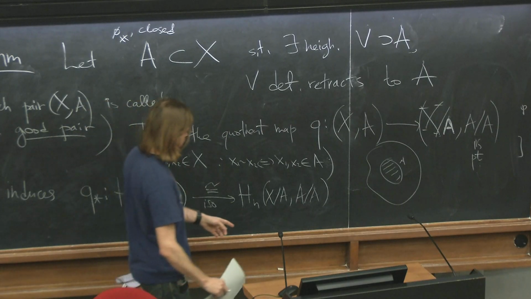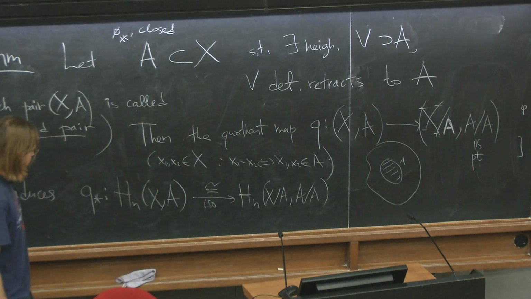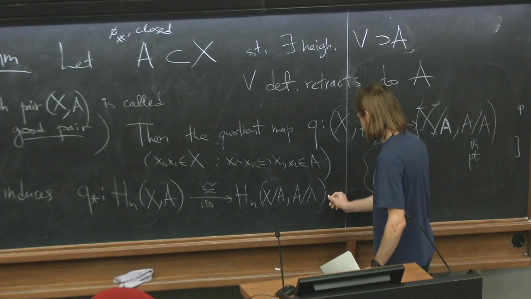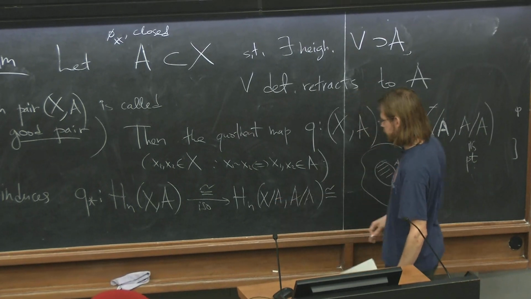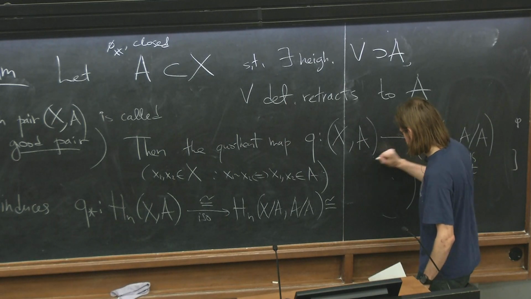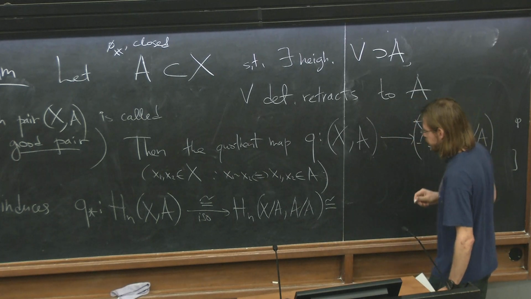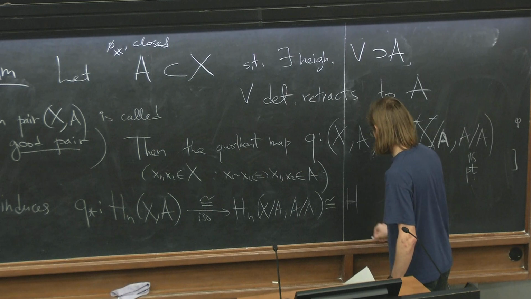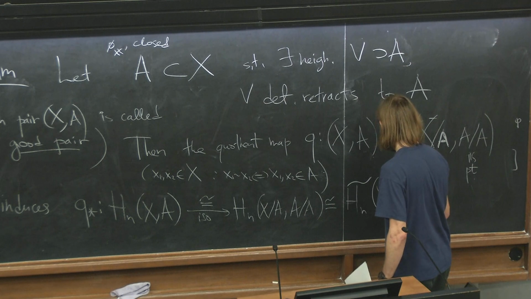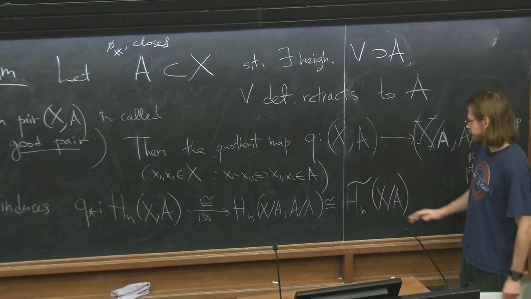But of course, this is just a one-point subspace, A quotient over A. So all points are in the same class, and the class is just a one-point subspace. So as we know, the relative homology group of a topological space relative to some point inside is isomorphic to what we denoted by the reduced homology group. Again, this reduced is just a very simple modification.